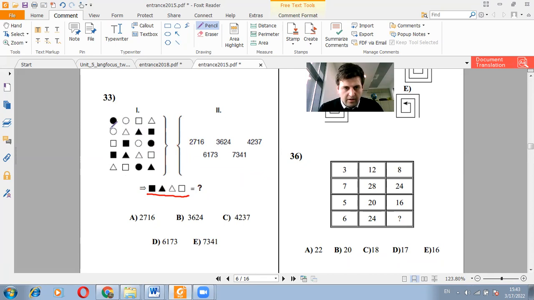Here we have the white square. It repeats itself 4 times, and then we have a white triangle which also repeats itself 4 times. And check out the positions every time. They are found everywhere, at the beginning, in the second row, third row, and at the end of the number.